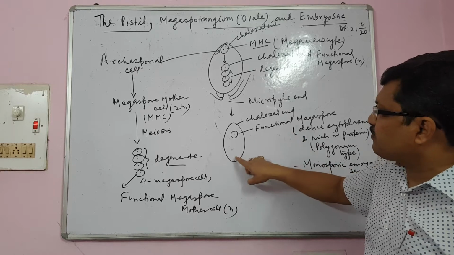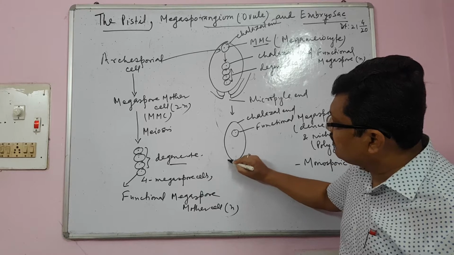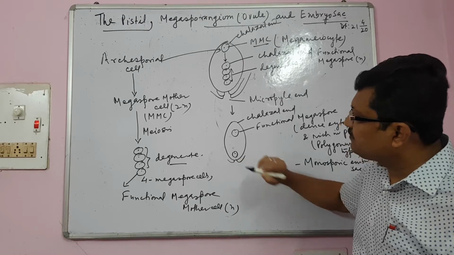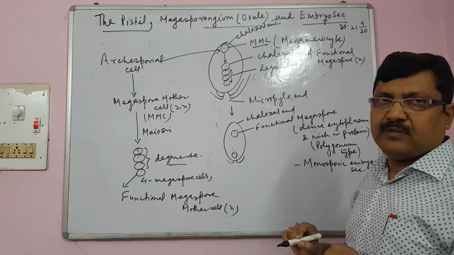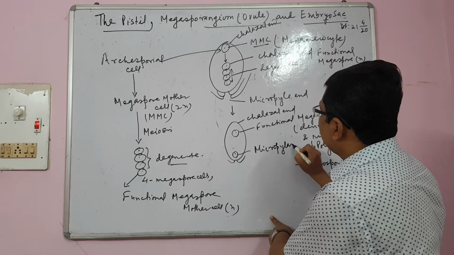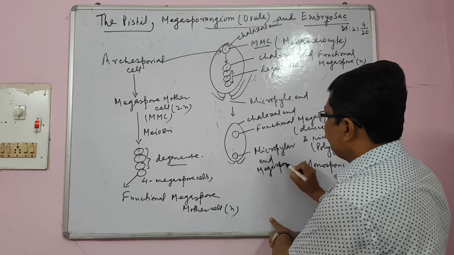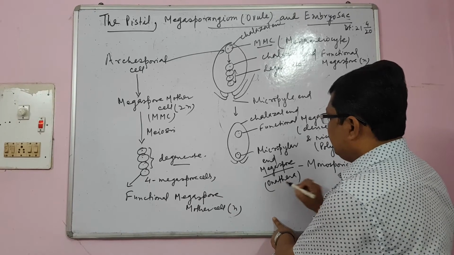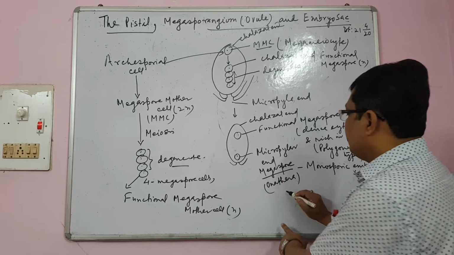If this functional megaspore lies here, at the micropylar end, suppose the functional megaspore was present here, this is called Oenothera type of development, and this belongs to the Onagraceae family.